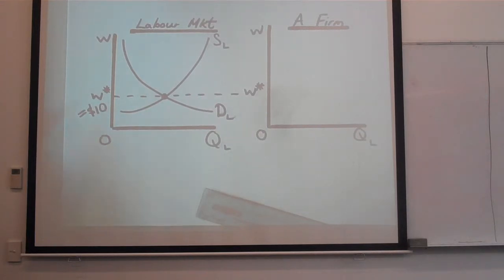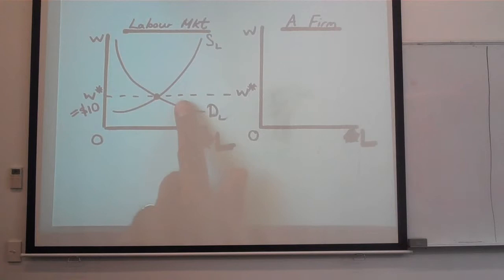In fact, just to save confusion, just use the symbol L, there's no QL for labor. The firm is a small firm in this large, perfectly competitive labor market. The market decides the equilibrium wage, which in this case is $10. If this firm wants to hire labor, it needs to hire labor at that given equilibrium wage. The firm is a price taker.